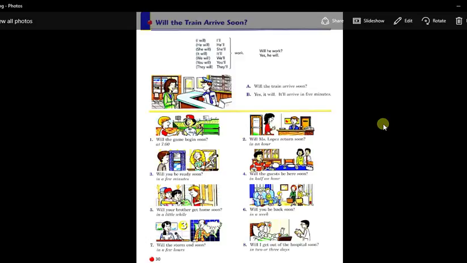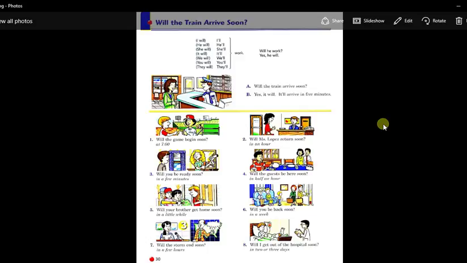Of course, before you do this kind of activity, you have to explain a little bit about these grammatical issues: how to make a sentence, a negative sentence, and an interrogative sentence.